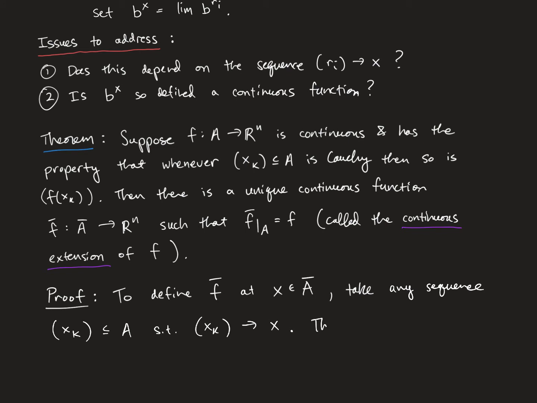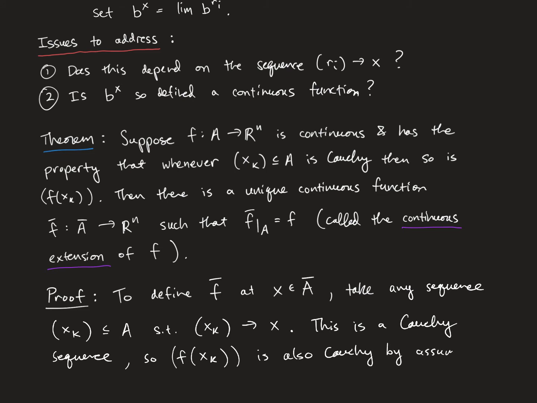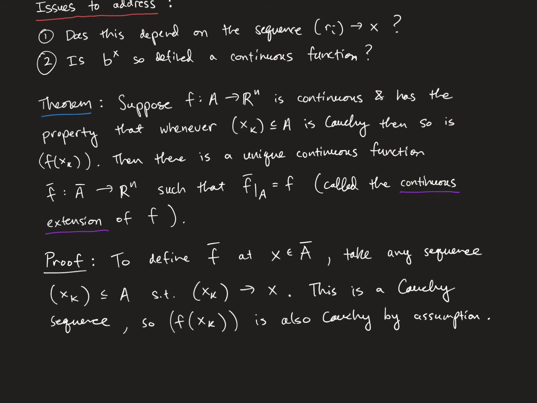So this is a Cauchy sequence, so f of x_k is also a Cauchy sequence by our assumption. Thus it has a limit, and we can use that limit to define f bar at x.